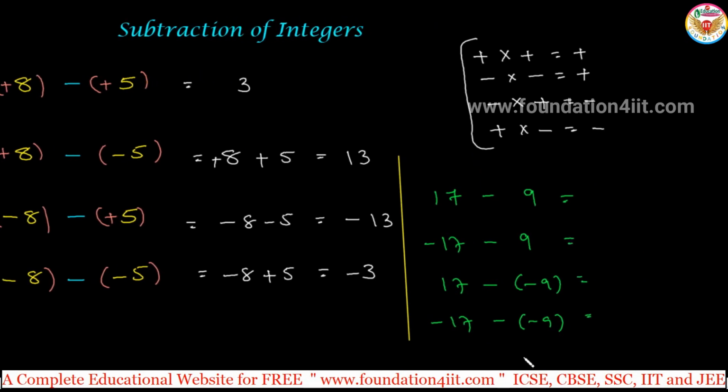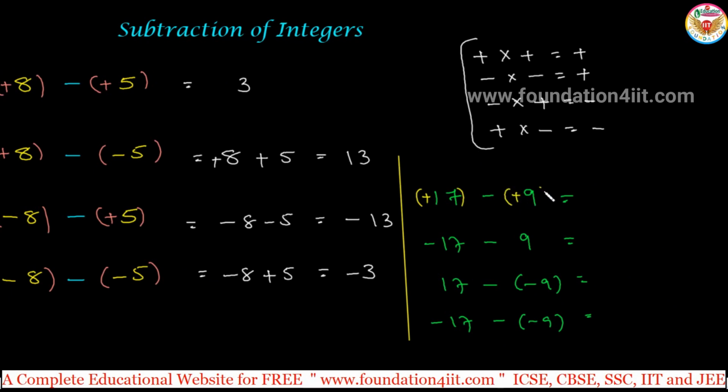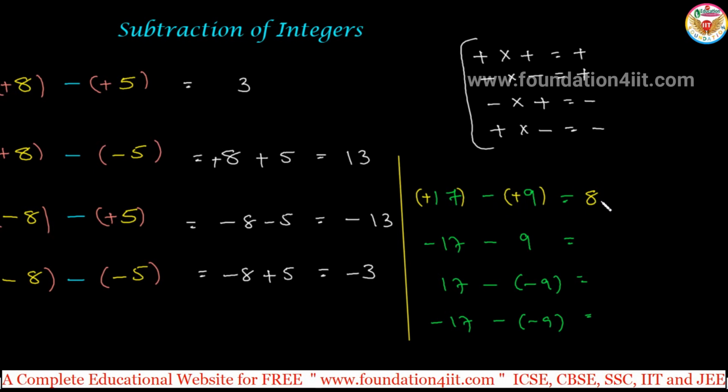We can adjust these whenever the signs are separate. So positive integer subtraction with positive integer: 17 is bigger, so normal 17 minus 9. Take 9 from 17 and you get 8. 17 minus 9 is 8. And whenever there are two signs together, you have to change them: 17 minus of minus 9 becomes 17 plus 9, which is 26.